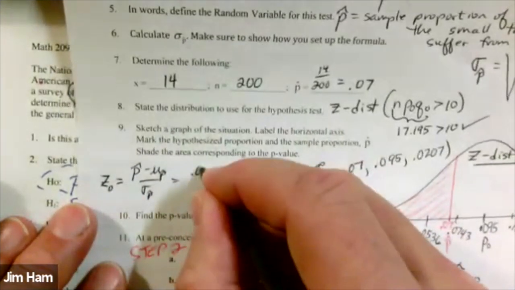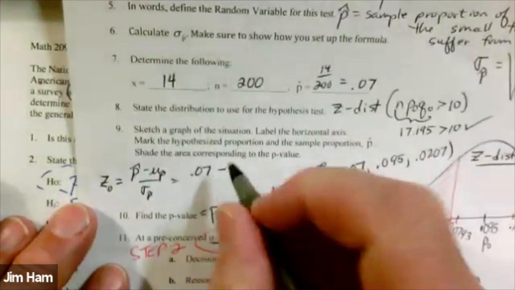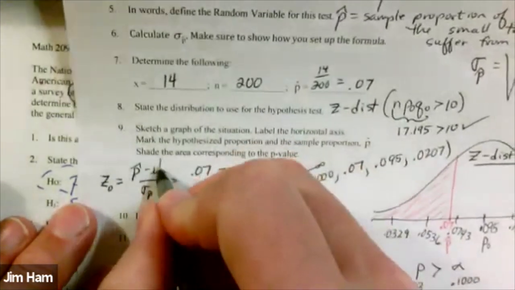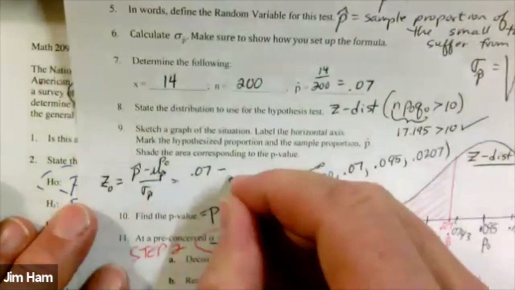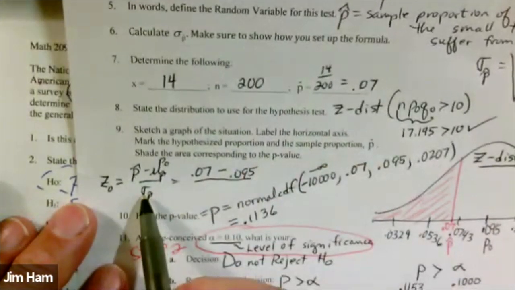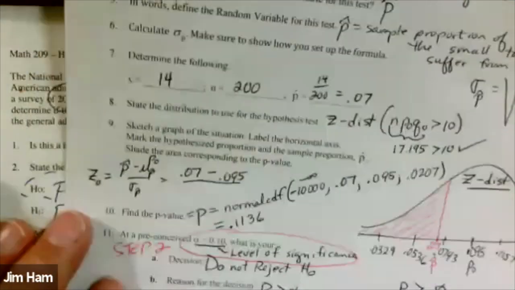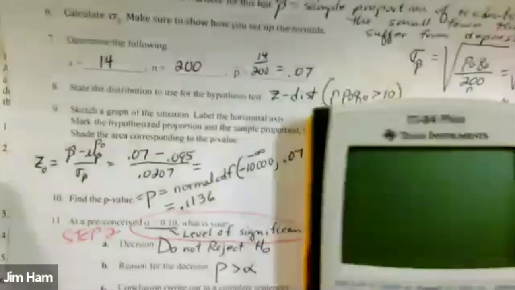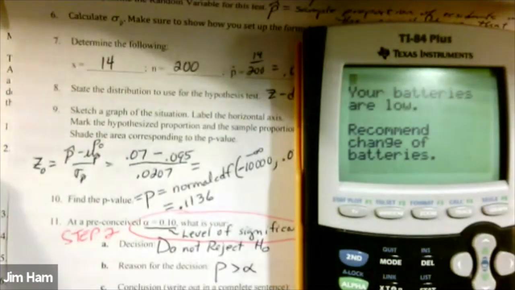We've got 0.07 is the p hat right there. The mu sub p hat is what we assume the population proportion to be, which is the 0.095. And then the standard error term is what we calculated over here, 0.0207. I want to calculate this because where I'm going next is the calculator function where they calculate that test statistic and the p-value to go with it.